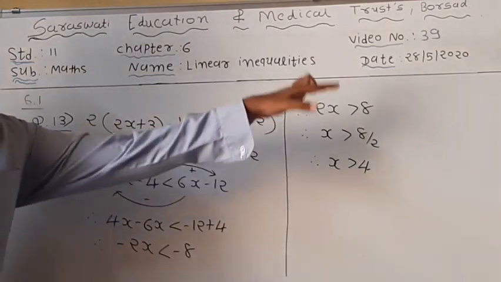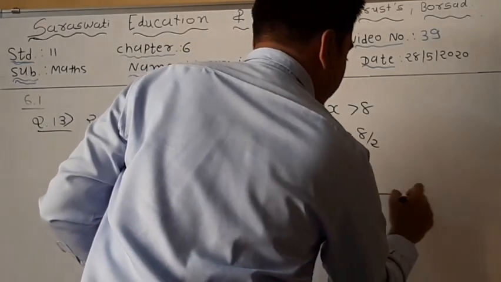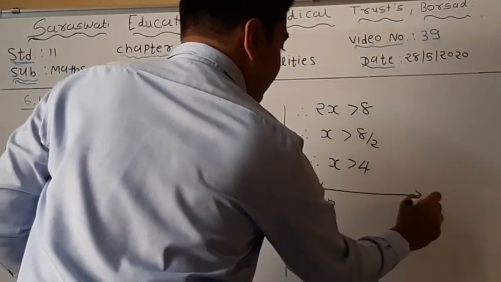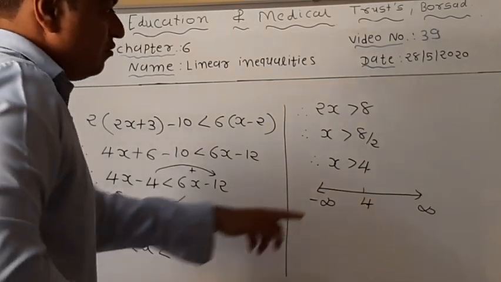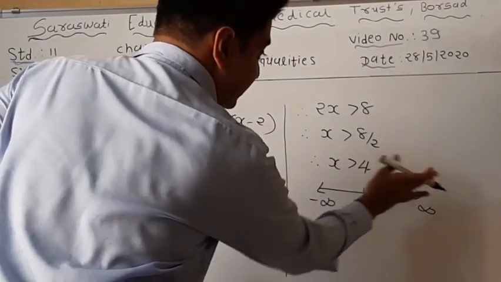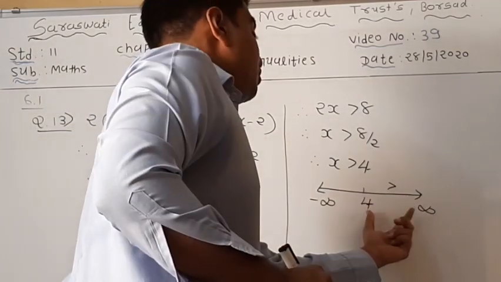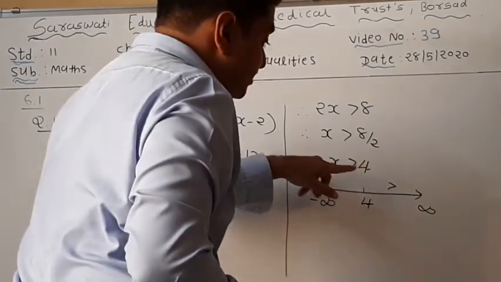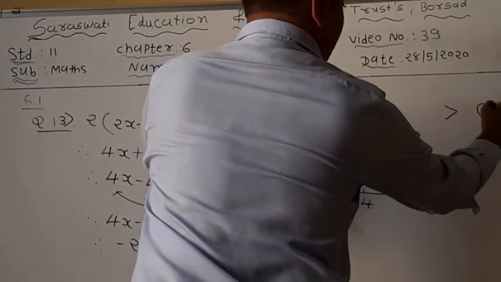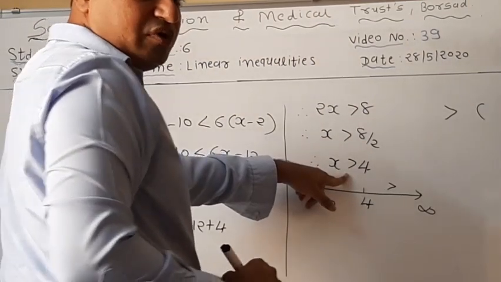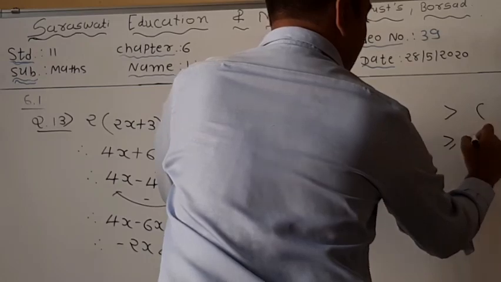Now the arrow is going to the right side. Understand in the number line, minus infinity here, infinity here, the position of 4 is present, but the arrow is going to the right, that means our answer is from 4 to infinity. Now strictly greater than is present, so our answer is an open interval; if greater than or equal to is present, our answer is a closed interval.